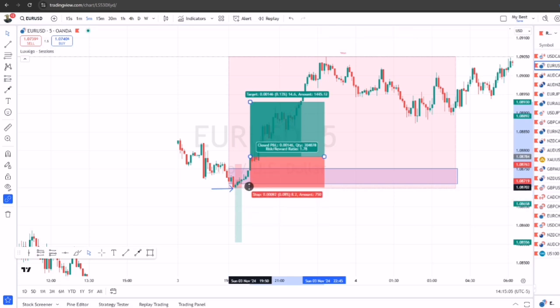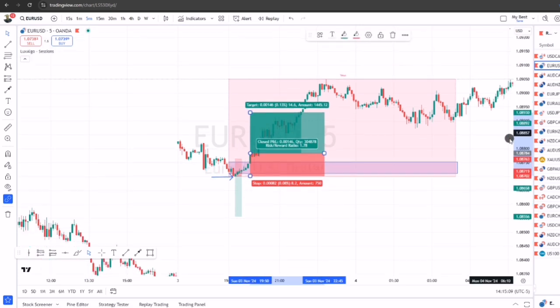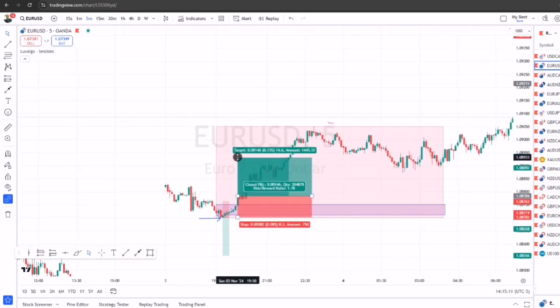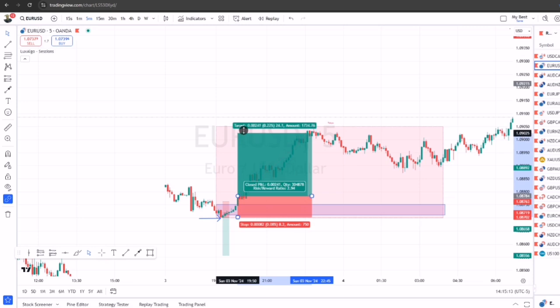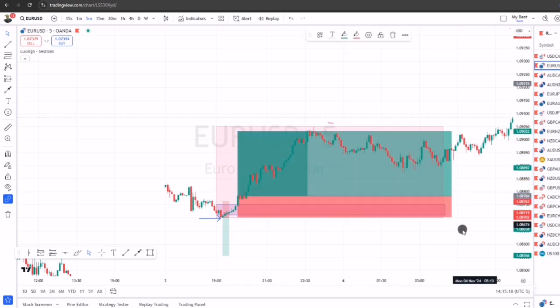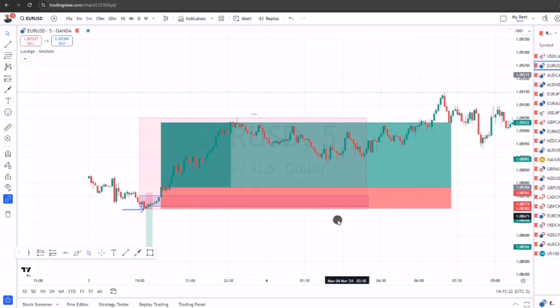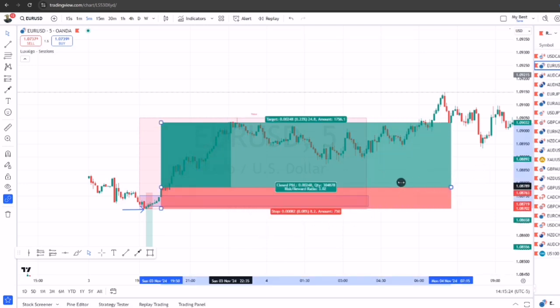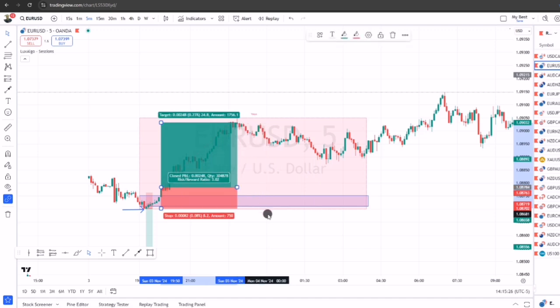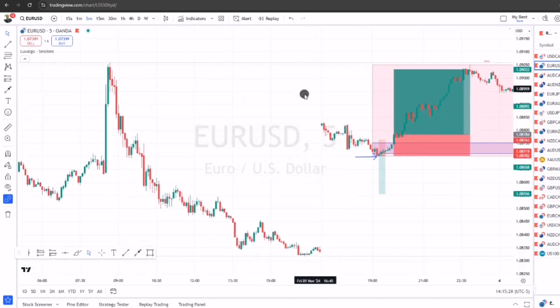Put your stop loss just below the key level that you have drawn, and then you can target a 1 to 3. This was a long one, but it was a good trade. In fact, it closed just here within the session.